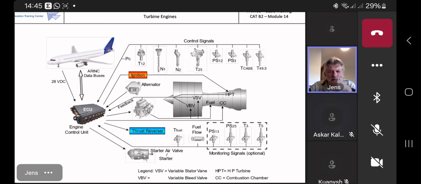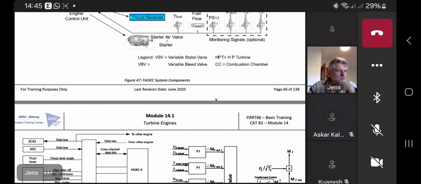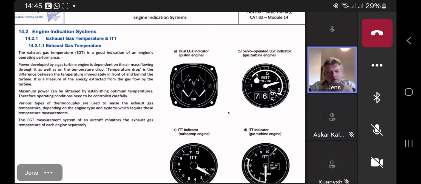Okay, good. Then we go to some indications here. So I will pick the most important indications, of course.